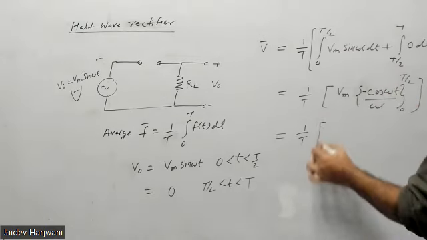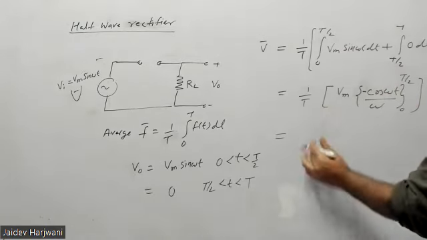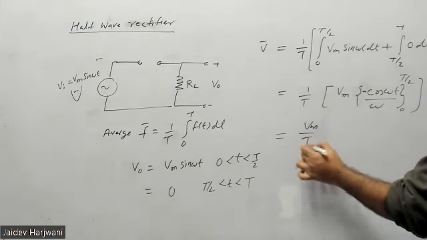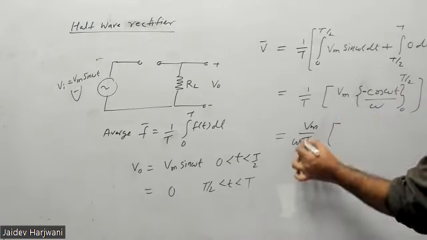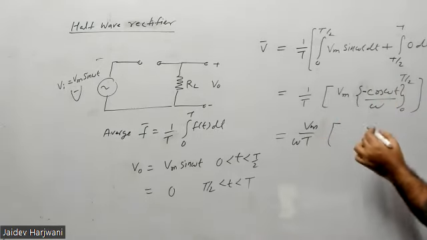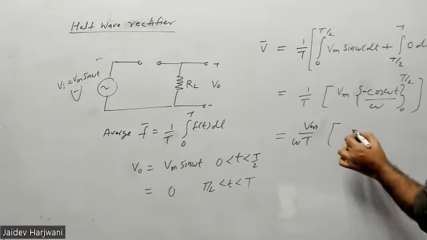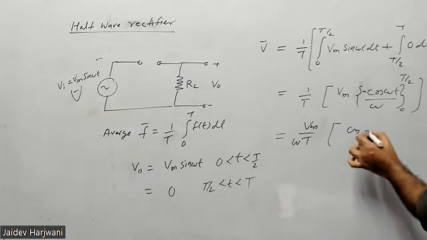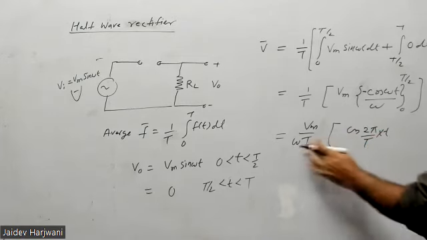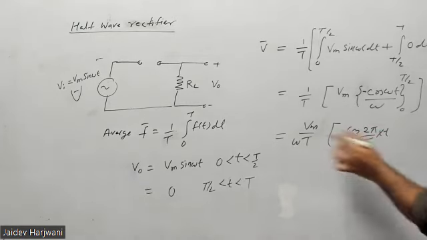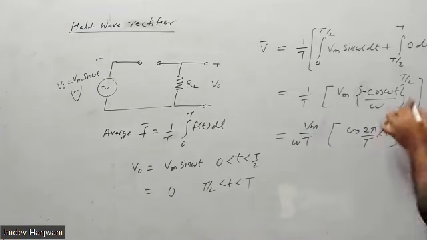So I can put Vm outside, and omega also I can take out, and this becomes cos omega t. I can write cos 2 pi by T into t, putting the omega value. The limit is now 0 to T by 2, because I observe the minus here.